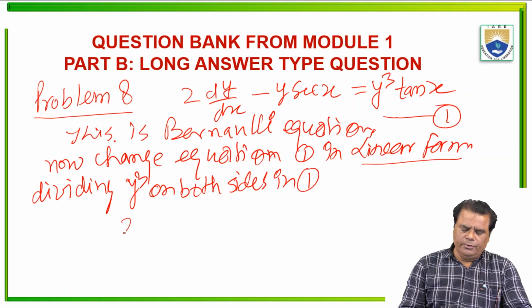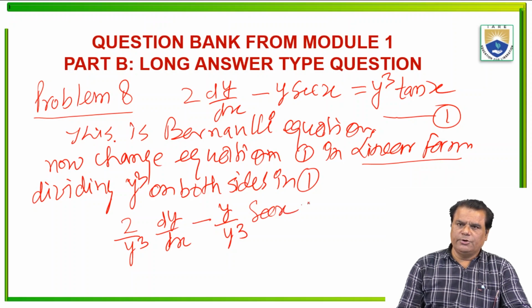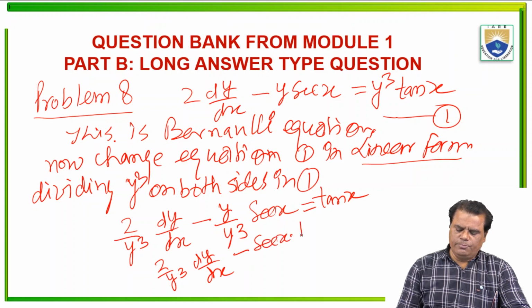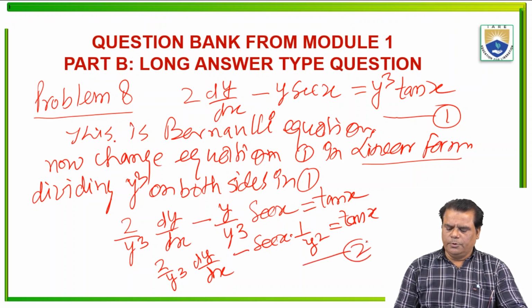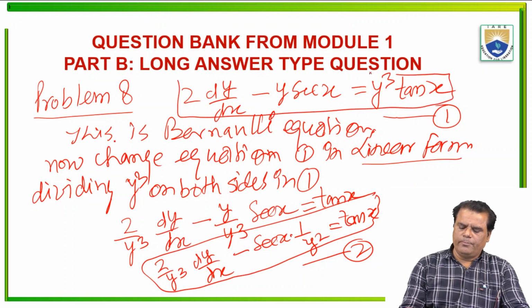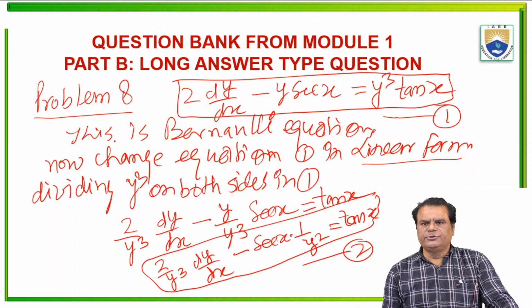So we write here 2 upon y cube dy dx minus y upon y cube sec x equal to only tan x. So now 2 upon y cube dy dx minus sec x into 1 upon y square equal to tan x. This is equation 2. This is the question. After dividing by y cube, we get equation 2.